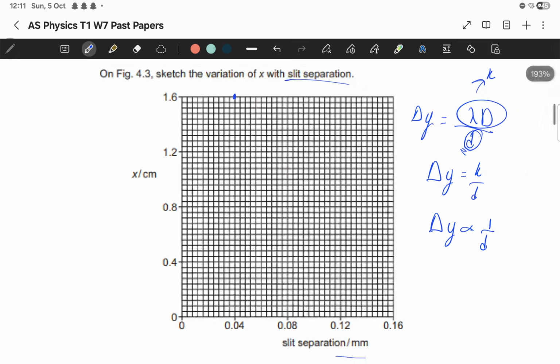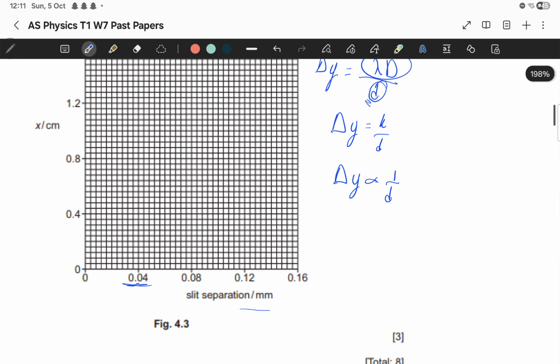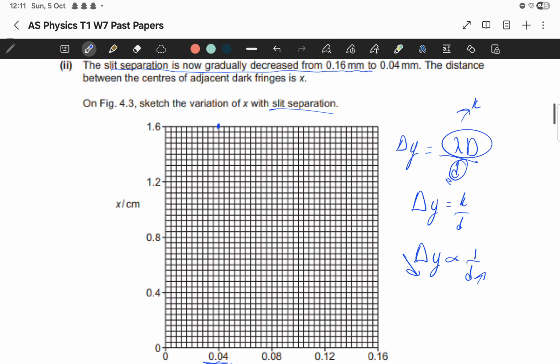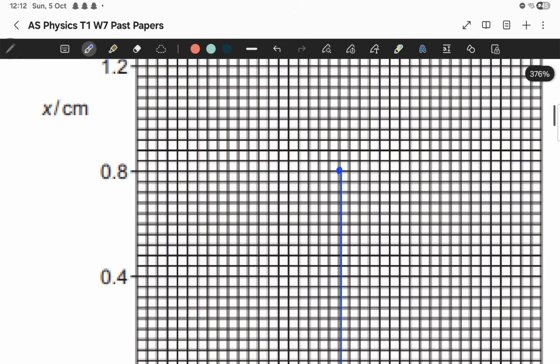This is the value. Now here, 0.08 is double 0.04. As we said, this is d, so d is getting doubled. That means delta y is getting halved. So what's 1.6 divided by 2? 0.8. So at 0.08 we have 0.8, which is here. So this is our point.